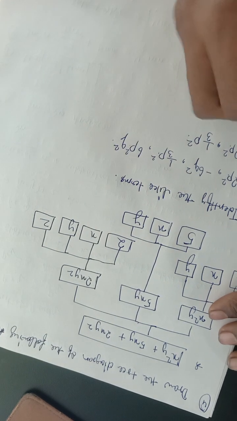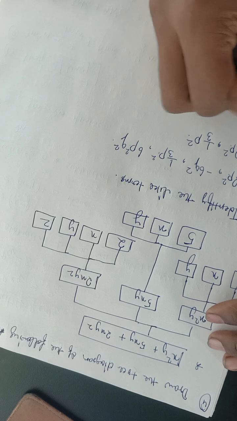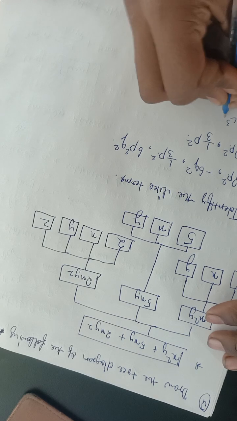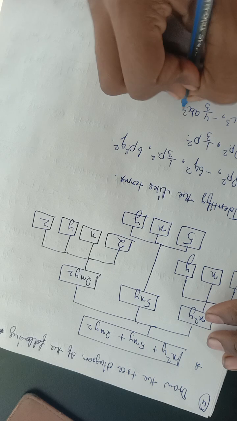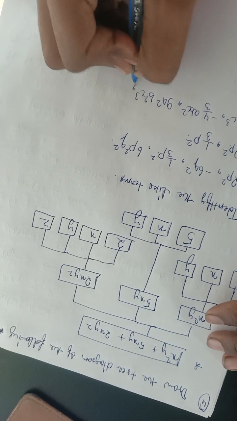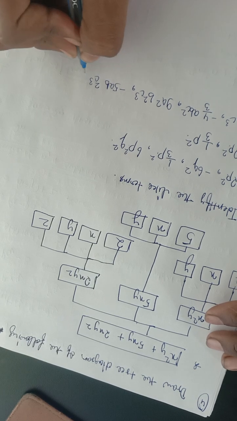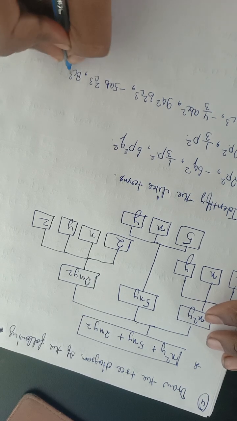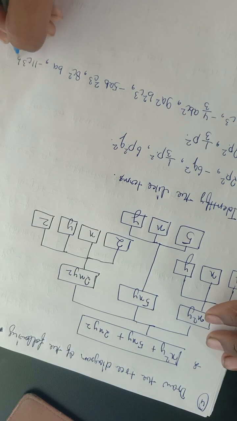Okay, next question: 8 ab square c cube, minus 4 upon 3 abc square, 9 a square b square c cube, minus 5 ab square c cube, 8c square ba, minus 11 c cube b square.